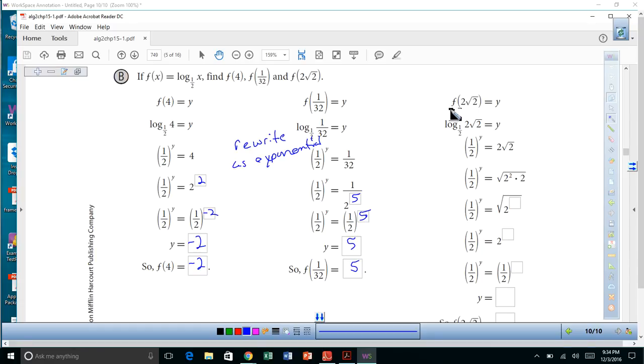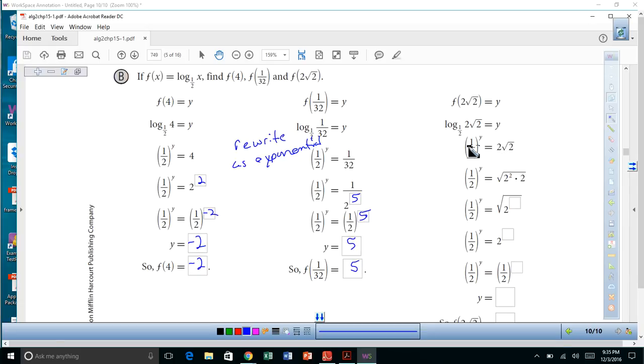All right. f of 2 times the square root of 2 equals y. So log base 1/2 of 2 times the square root of 2 equals y. So (1/2) to the y power equals 2 times the square root of 2.